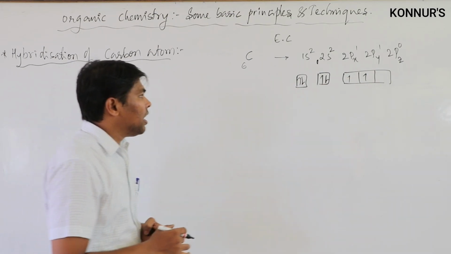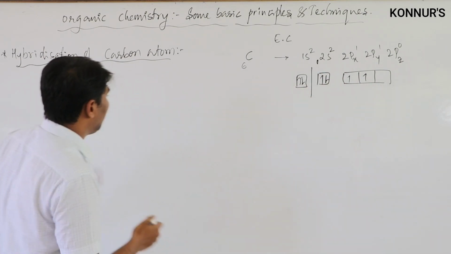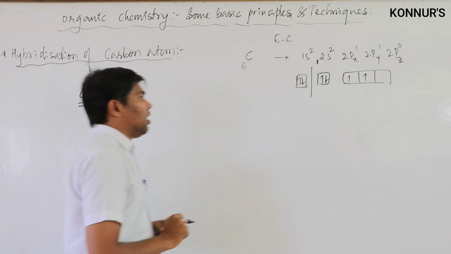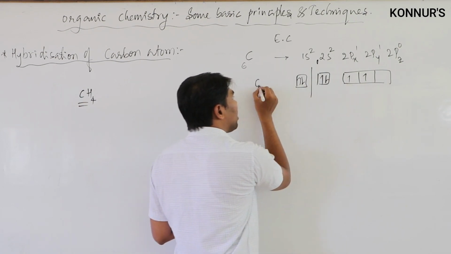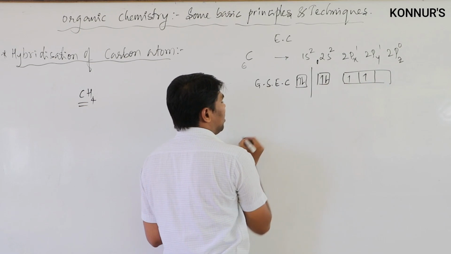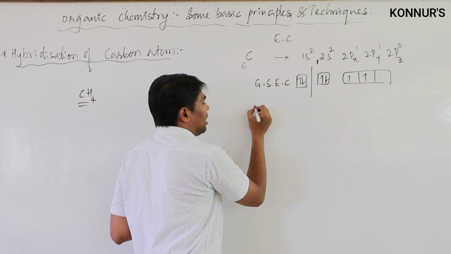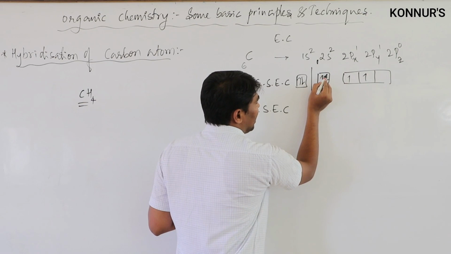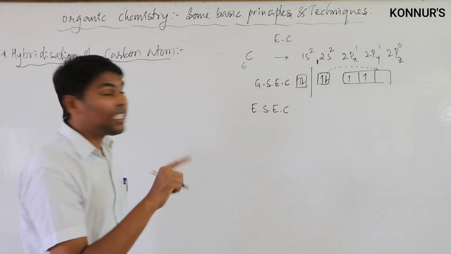So in order to combine with the other elements, I will take an example of CH4 as a basic example. In order to combine with the hydrogen, this is the ground state electronic configuration. It should excite its outermost electron. So that is the excited state electronic configuration, where the opposite spin electron is excited to this 2pz orbital.